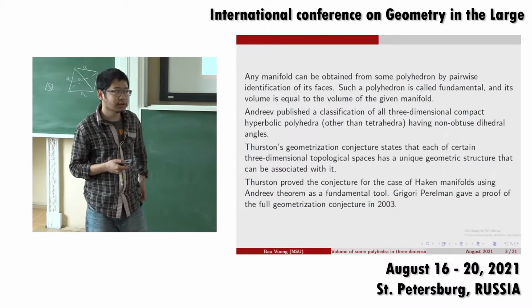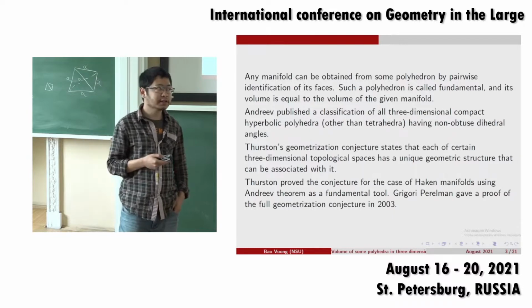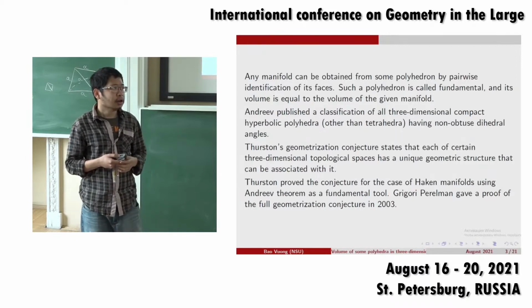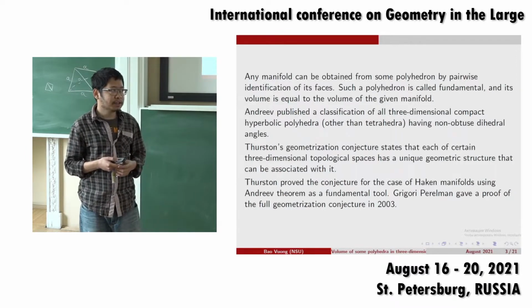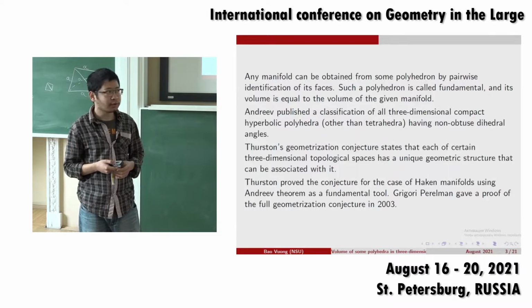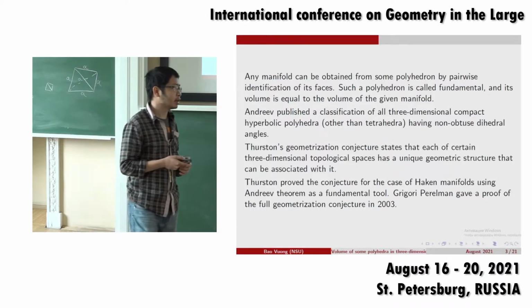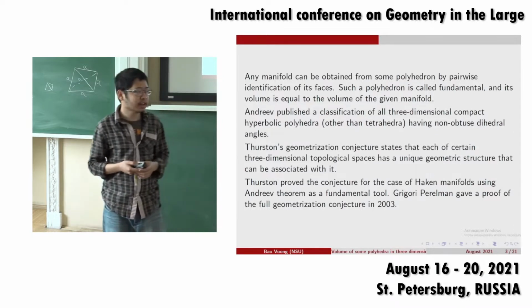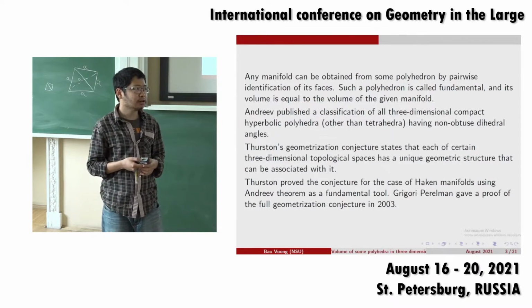Such a polyhedron is called fundamental, and its volume is equal to the volume of the given manifold. Andreev published a classification of all three-dimensional compact hyperbolic polyhedra other than tetrahedra, having non-obtuse dihedral angles.